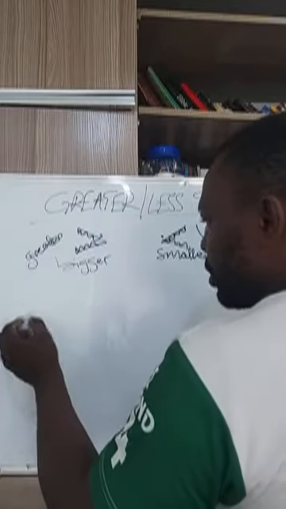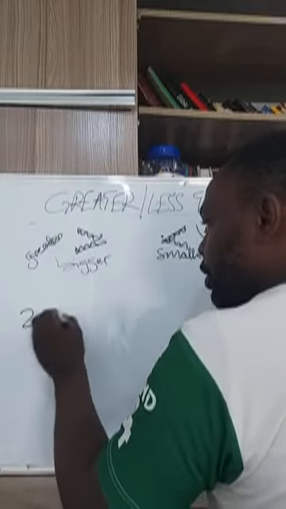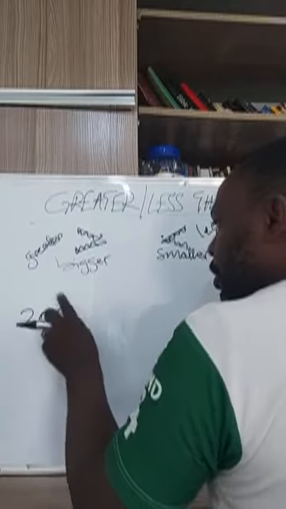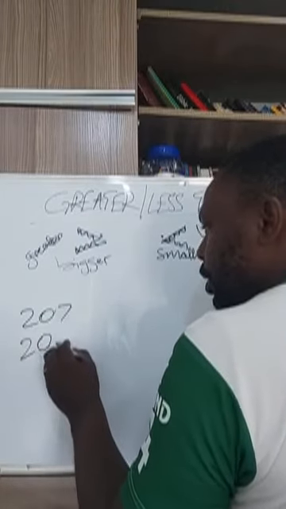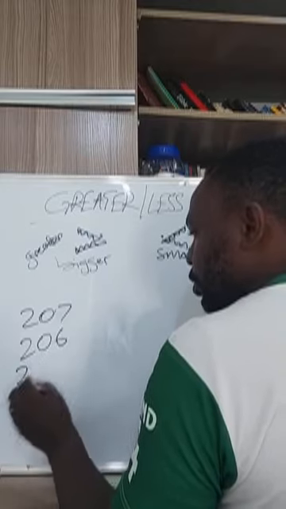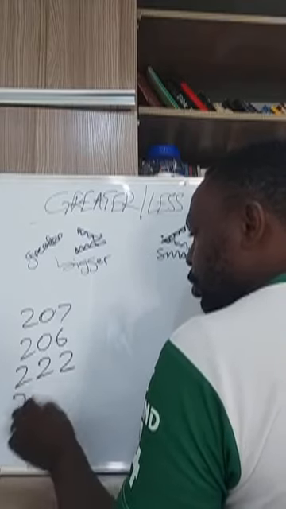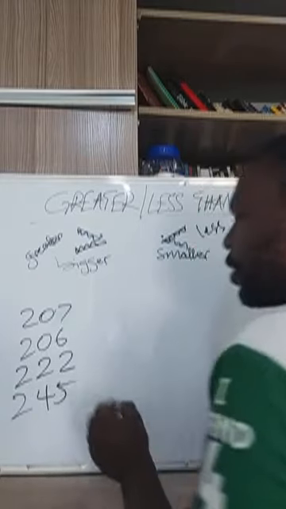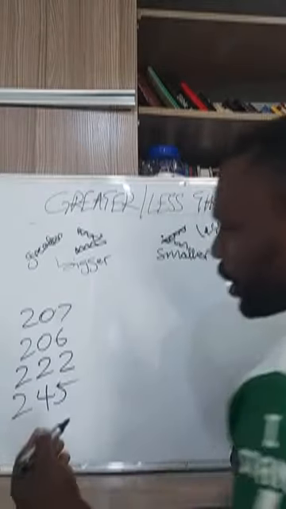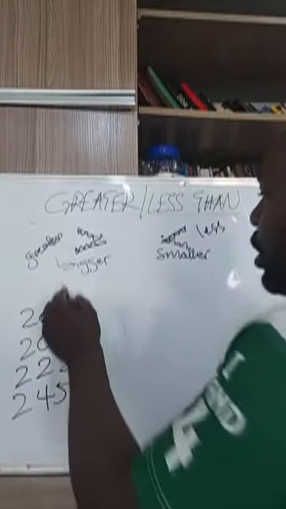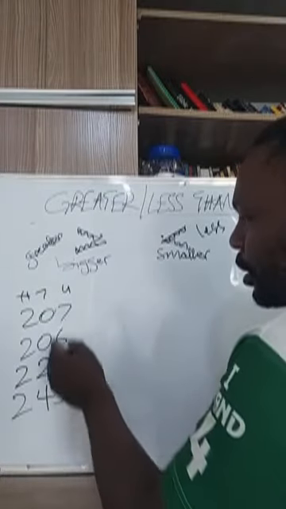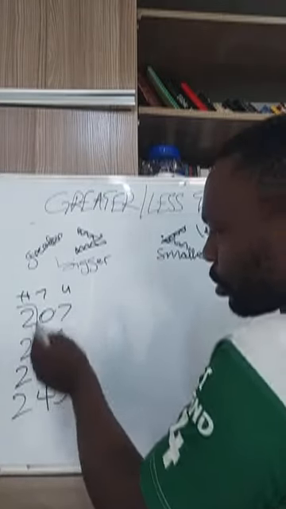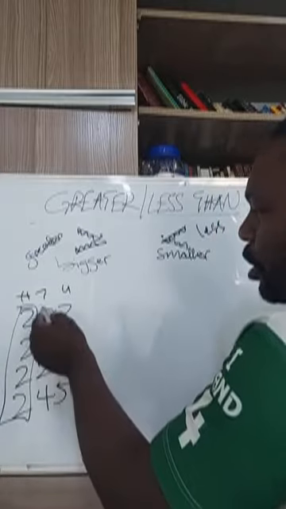Let me use 200, 207, 206, 222, 245. So how do you know which is bigger? You know place values, right? So you go units, tens, hundreds. They're all 200, so they're all within the same hundreds. So how do you know which is bigger?